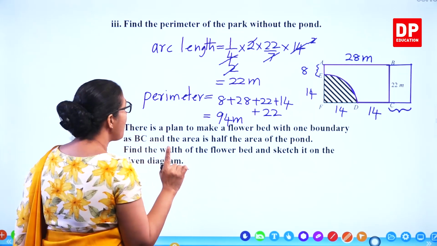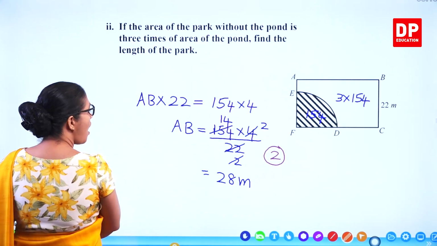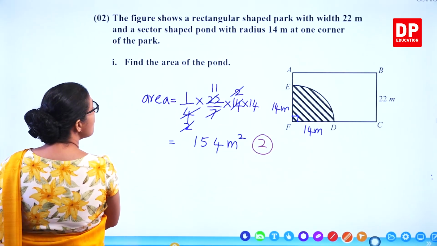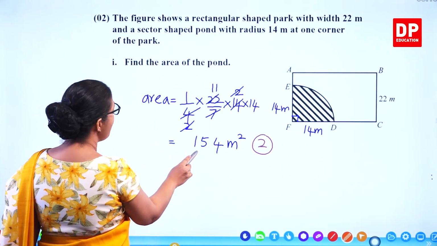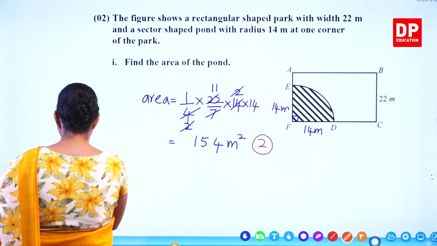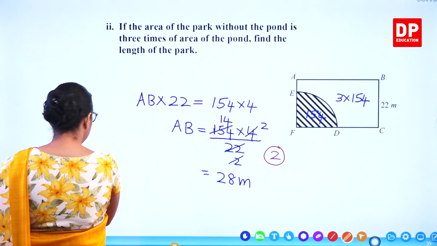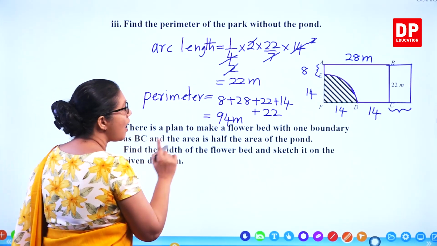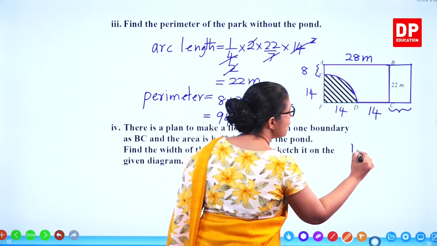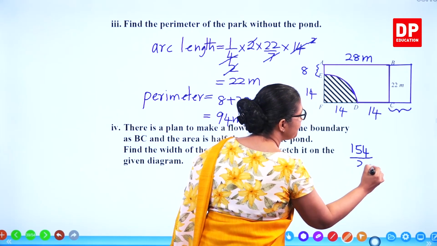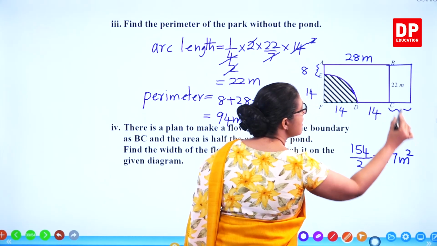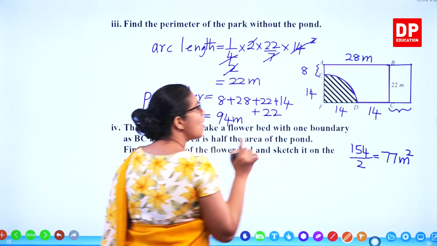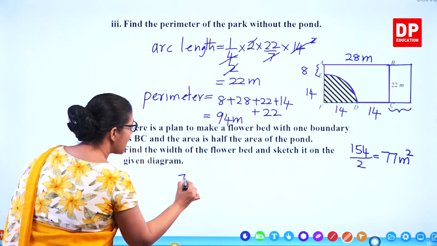What's the area of the pond we found before? 154. Can you remember? So half of it, 154 divided by 2, 77 is the area. So how do you find the area using the rectangle?